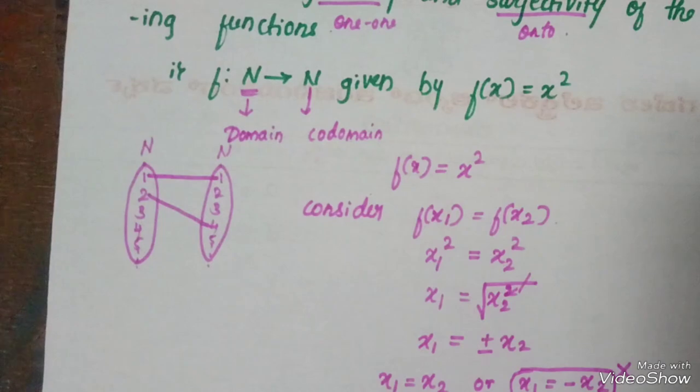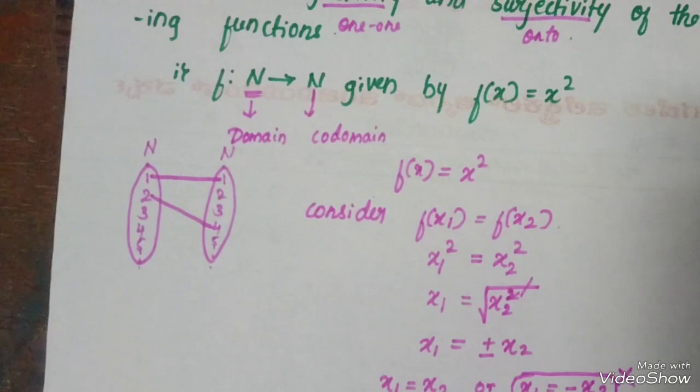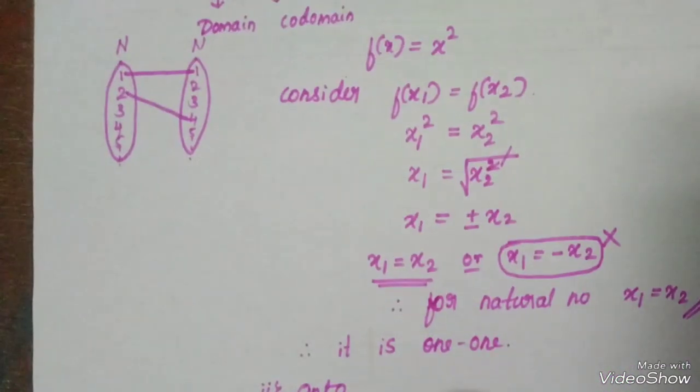Again check for the onto condition. Let f of x equal x square. Substitute f of x by y equals x square and solve for x.